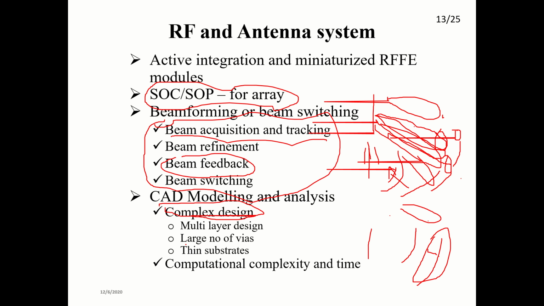When you have a thin substrate, the problem is you will not have a higher bandwidth, because thin substrate means lower bandwidth, thick substrate means higher bandwidth. So we need to take care of that during CAD model analysis, so that when you use a thin substrate, we can go for several layers and it should not affect the bandwidth as well.